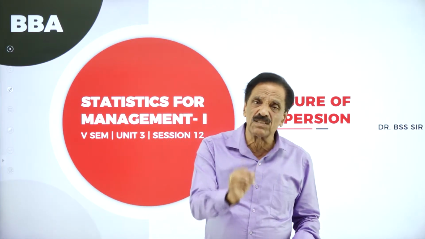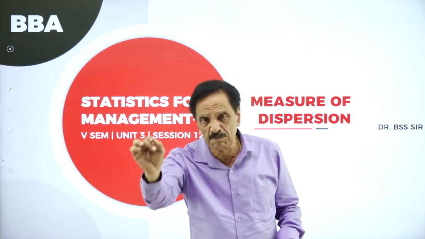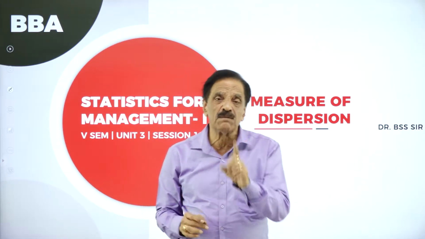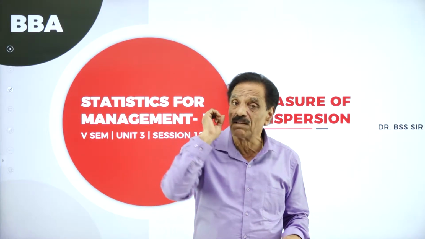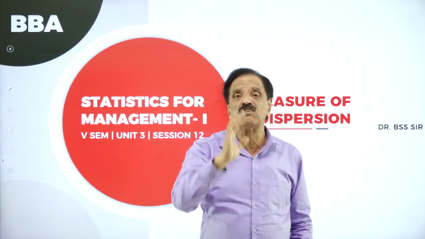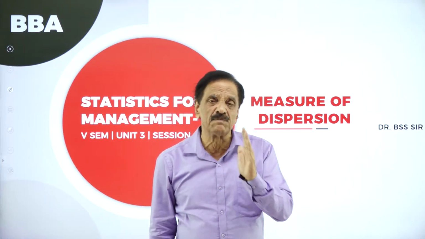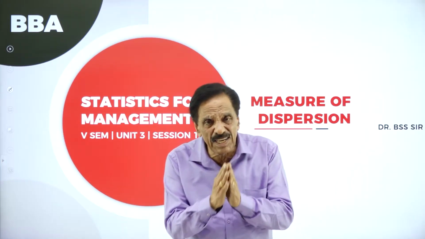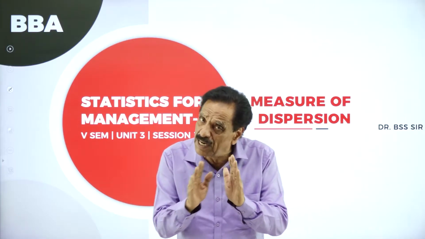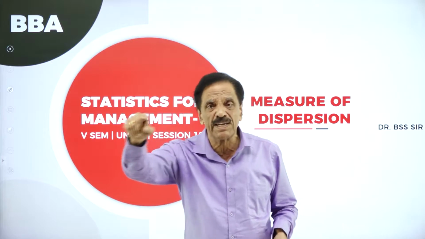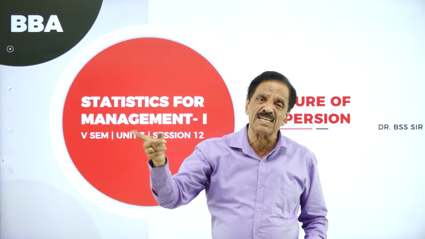Skewness is equal to 3 into mean minus median divided by standard deviation. You have to apply this when the mode is ill-defined. If the highest frequency does not repeat, then go with the same formula: skewness is equal to mean minus mode divided by standard deviation.